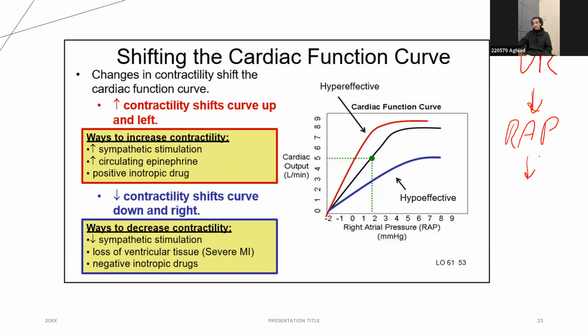Now, right atrial pressure increases the end diastolic volume. The higher the right atrial pressure, the more blood is being pumped to the ventricles. So the end diastolic volume, when the ventricles are fully filled, will increase because there's more blood being pumped to the ventricles of the heart. Okay, is that clear?